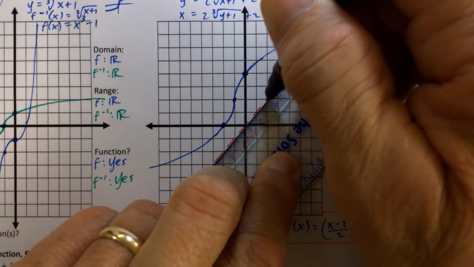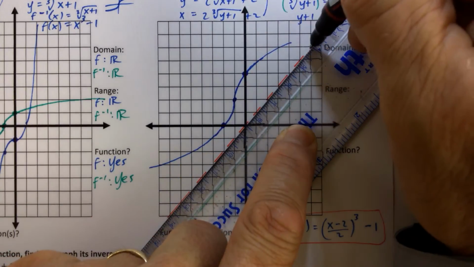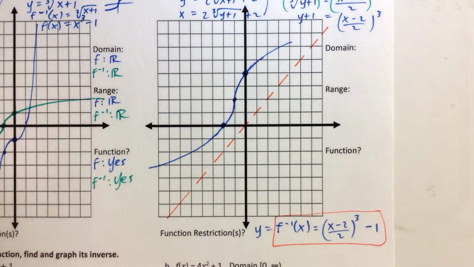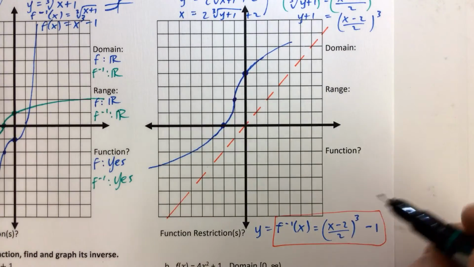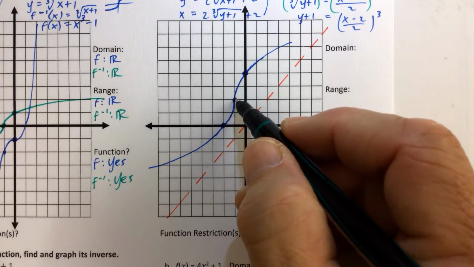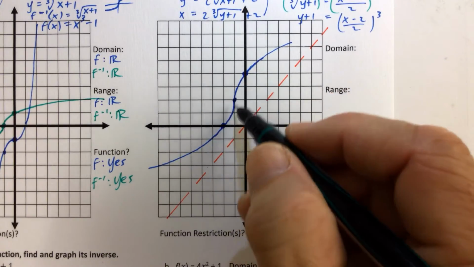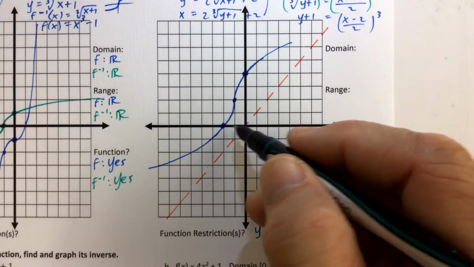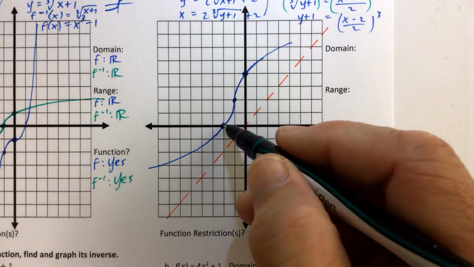So again, all functions and their inverses are always symmetrical with respect to the line y equals x. So if we look at some of the points that I found on the graph of f, I know that there are corresponding points on the graph of f inverse, we just flip the x and y coordinates.